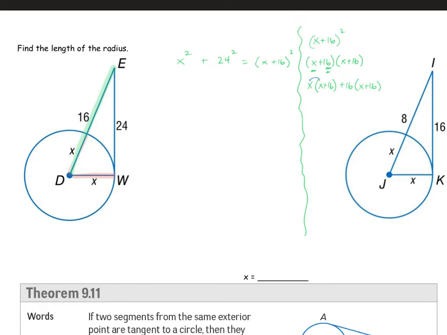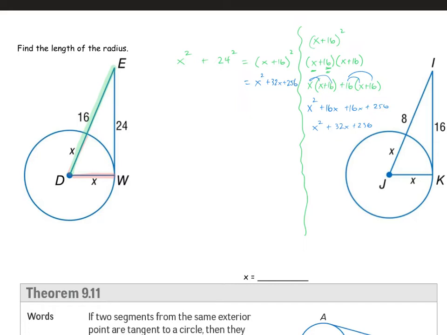X times x is x squared plus 16x. And now I got to distribute the 16 to both of these quantities. So I get 16x plus 16 times 16 is 256. Combining my like terms, we get x squared plus 32x plus 256.